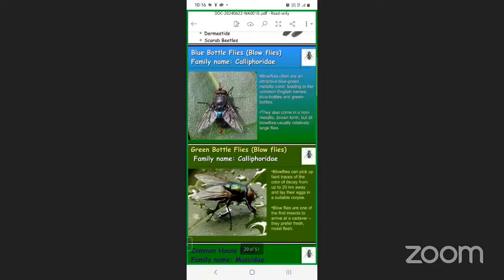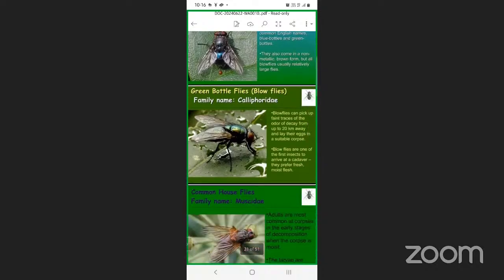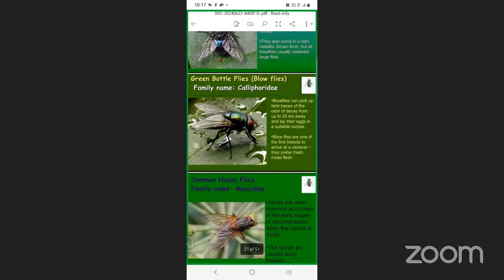When we look at the blowflies, they are blue, green, metallic colored, and they are very much related to the housefly body, but they will be in metallic or non-metallic brown form, and the color helps to identify them. Green beetles, like some other species, will also be there, where these blowflies will also be seen near them.